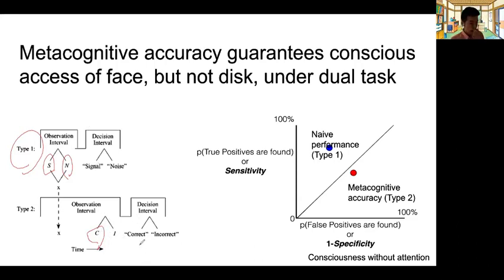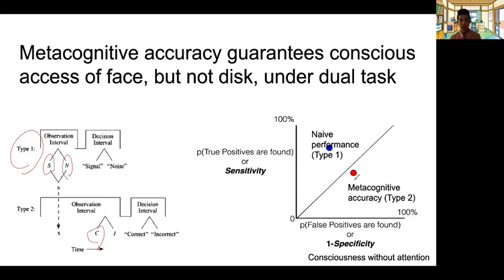The assumption here is that the confidence rating should be high for correct trials and low for incorrect trials, if you know what you are doing. That's one of the operational definitions of conscious access of the discrimination.